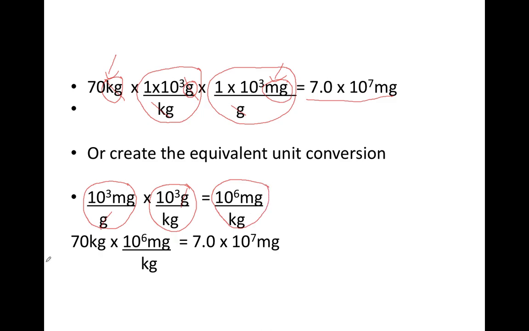And then we simply do one step where we multiply 70 kilograms by the new conversion factor and we get the same answer. So if you feel confident doing that, you can always create a new conversion factor and do it in one step.